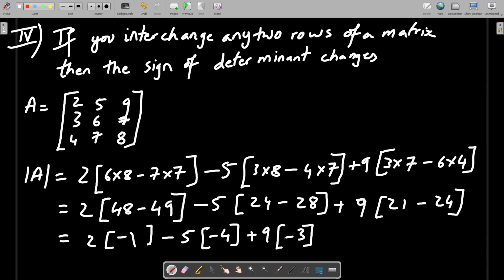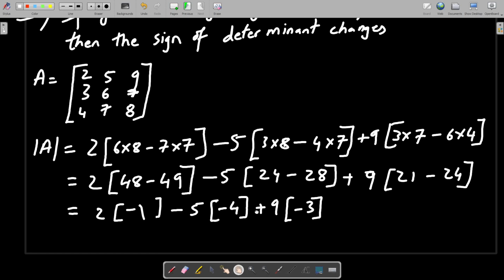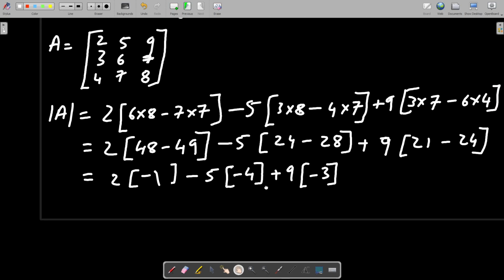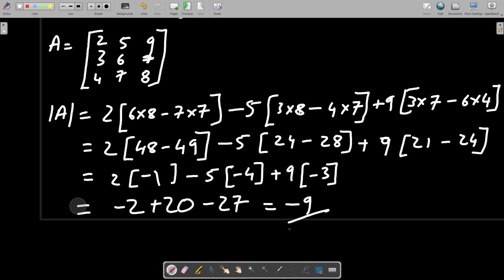So this answer will become minus 2 plus 20 minus 27. All this will leave you with minus 9 as your answer. The value of this determinant is minus 9.